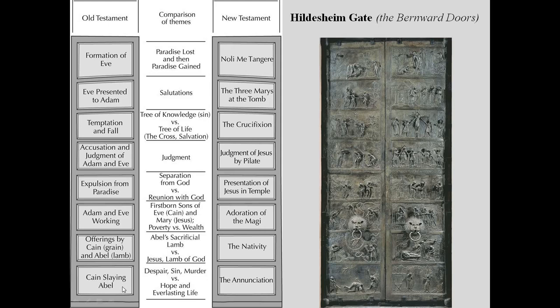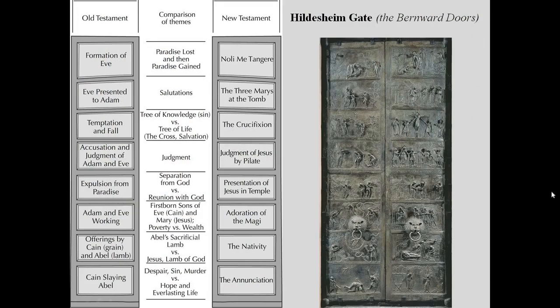Then Cain slaying Abel, and the Annunciation, the topic of despair, sin, murder, and the topic of hope and everlasting life. These parallels can hardly be seen if we do not have enough theological knowledge, if we do not know the sacred text deeply. But anyway, we can see that the people of medieval times were so deep in their symbolical way of thinking.